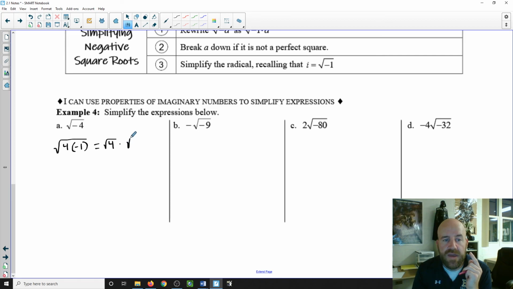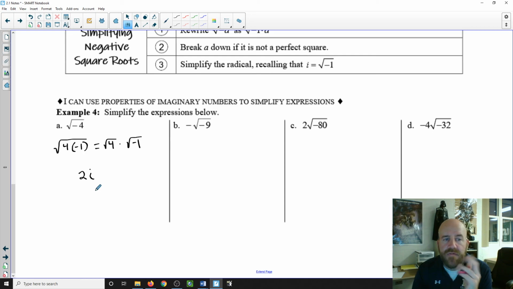So we get square root of 4 times the square root of negative 1. Square root of 4 we said was 2. And then the square root of negative 1 is this i value. So that's right here. It says i equals the square root of negative 1. So we're just going to write this unit i. And that's going to be our answer.